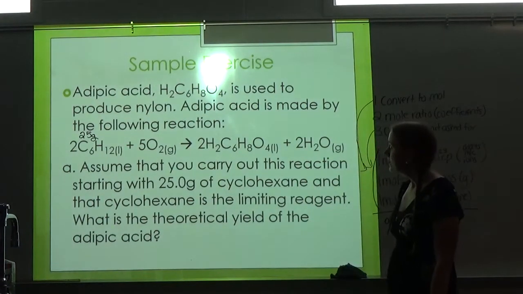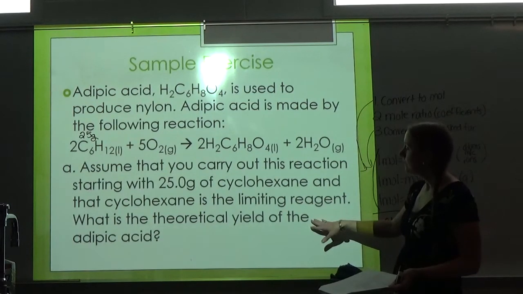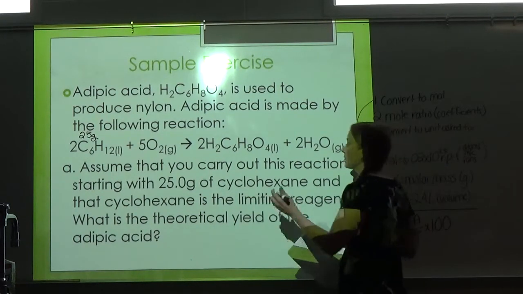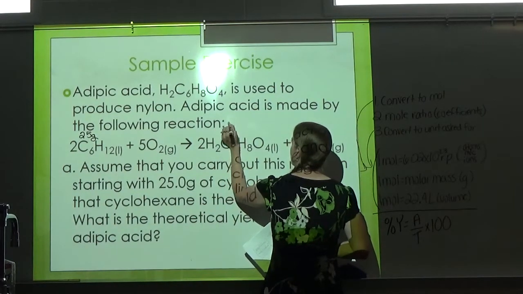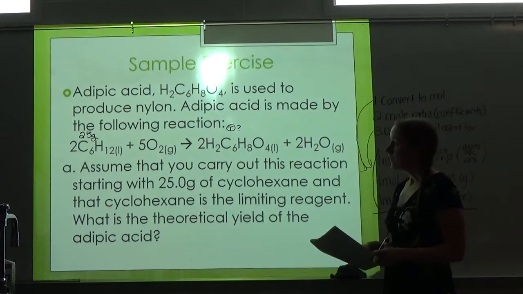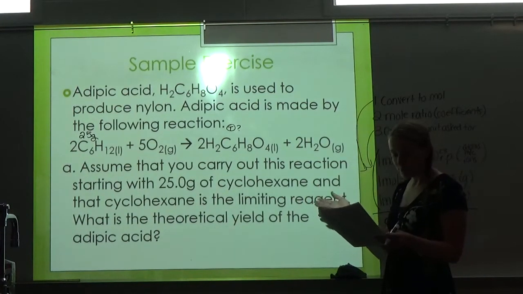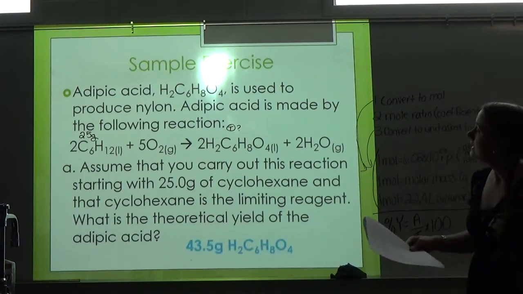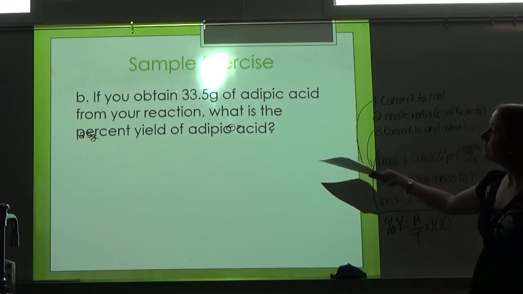All right, so it says, what is the theoretical yield of the adipic acid? So in other words, we're looking for our theoretical yield for this, so I'll just put question mark T. Now I can see that there's a part B, so I'll go ahead and show you. It says, if you obtain 33.5 grams of adipic acid.